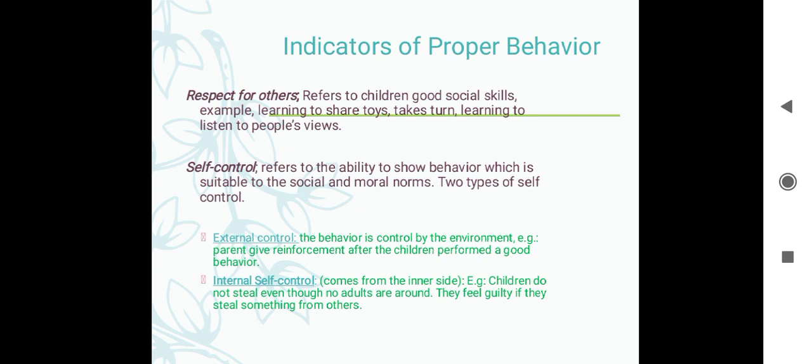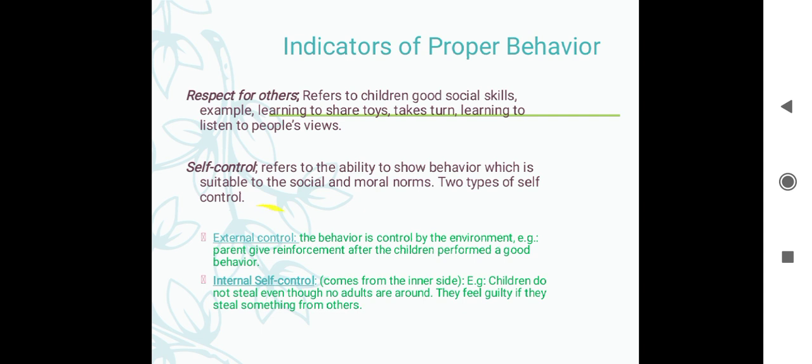Means they're able to control themselves as an individual. So when talking about self-control, they're divided into two types of self-control. First is external self-control. Number two, internal self-control. External means outside. Internal means inside. Inside that student, inside that child. External means outside, the surroundings.